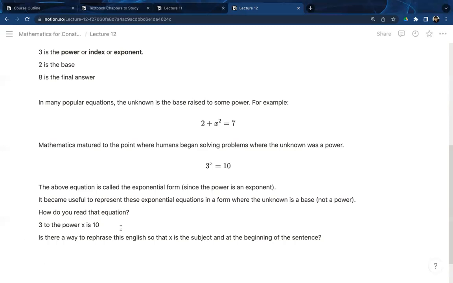So we have English, right? We have English. 3 to the power x is 10. 3 to x is 10.